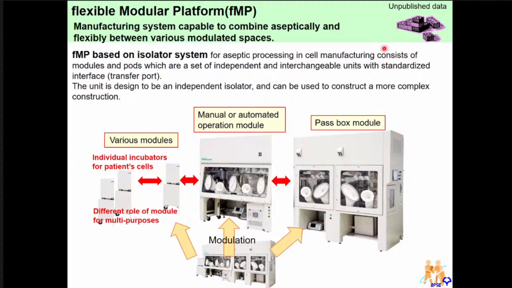It looks like Lego blocks. If we put in a good interface, we can create many systems. That means standardization of the interface is very important, because many companies produce different systems, but how to connect them to each other is important.